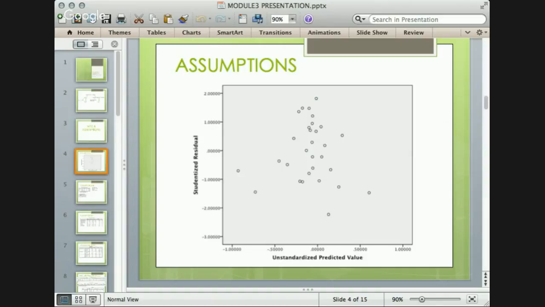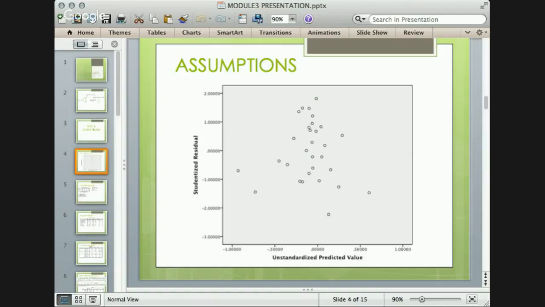To test this assumption, ideally our points should be distributed along the horizontal zero line, but as you can tell, they're all over the place. So there's not an overall linear relationship between all of the predictors and the dependent variable, and the linearity assumption fails.